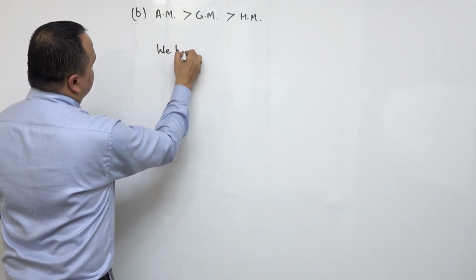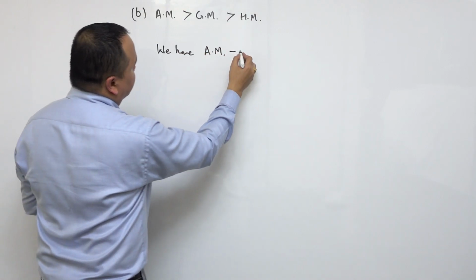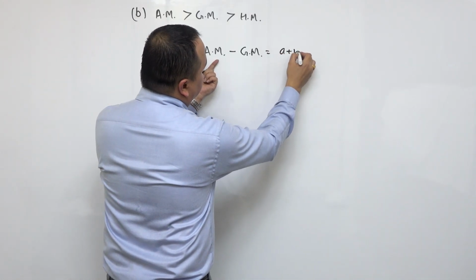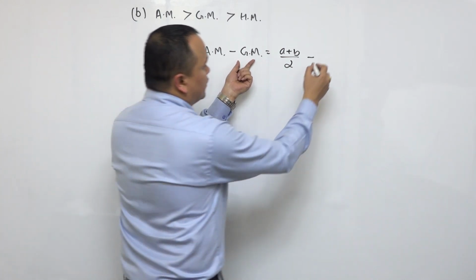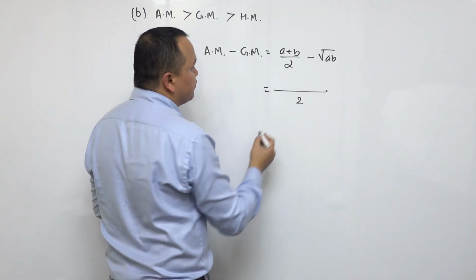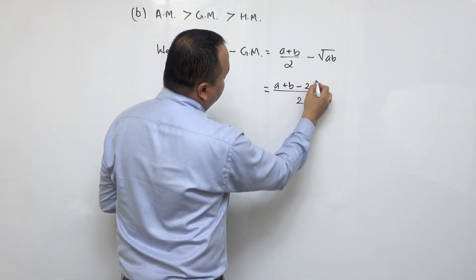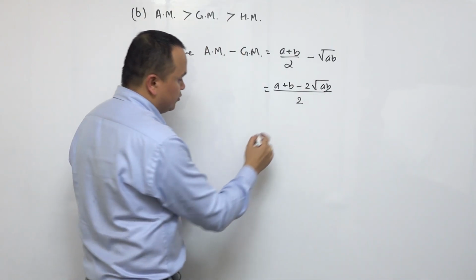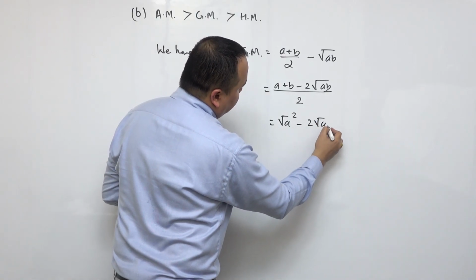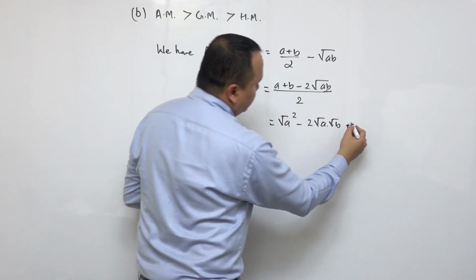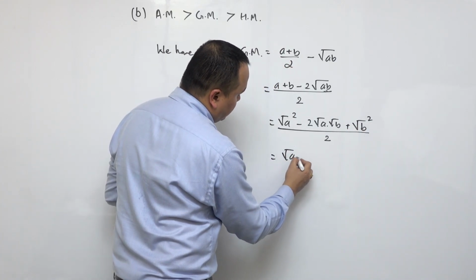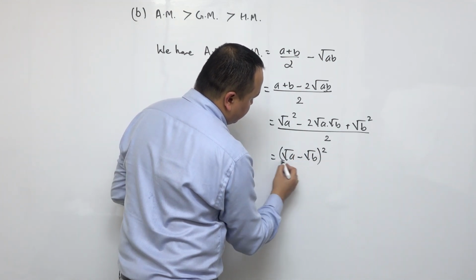we have AM minus GM. We have AM A plus B by 2 minus GM root AB, which is equal to A plus B minus 2 root AB divided by 2, which is equal to root A square minus 2 root A into root B plus root B square divided by 2, which is root A minus root B whole square divided by 2.